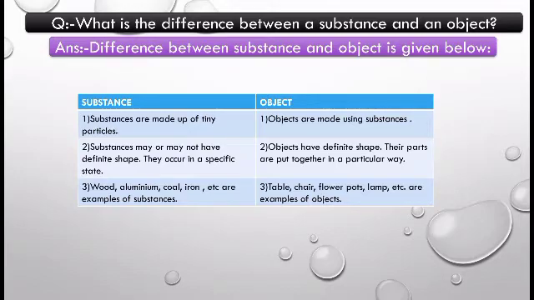We have seen different examples of substances like iron, copper, coal, sugar, wood, wheat grains, and paper. These are substances, and accordingly we can change their shape to make an object.